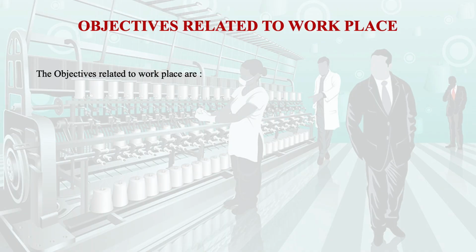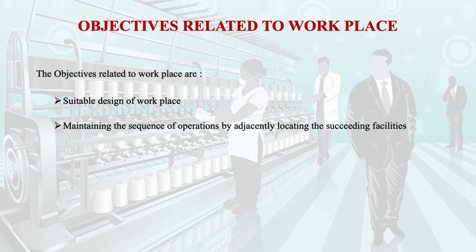The second category of objectives is the workplace related. A worker is working in a company or in an organization for at least 8 hours. Our workplace should be designed in such a way that we maintain a sequence of operations.